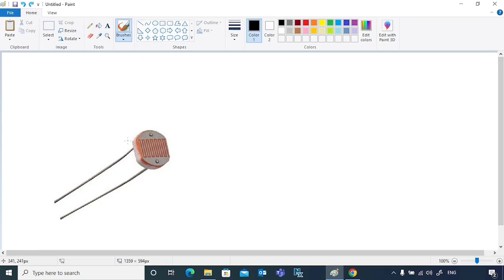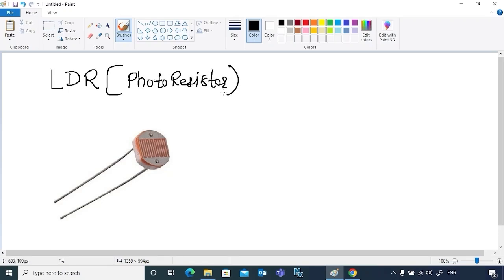So this is the photoresistor, also called the LDR, light dependent resistance. In this, when you put light over it, Li means light intensity.